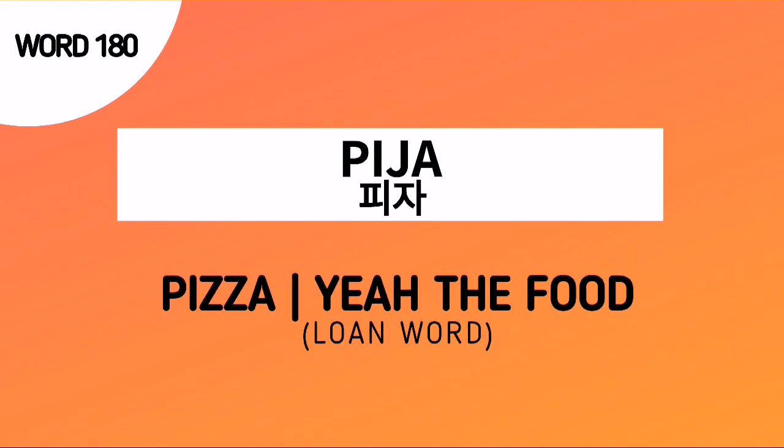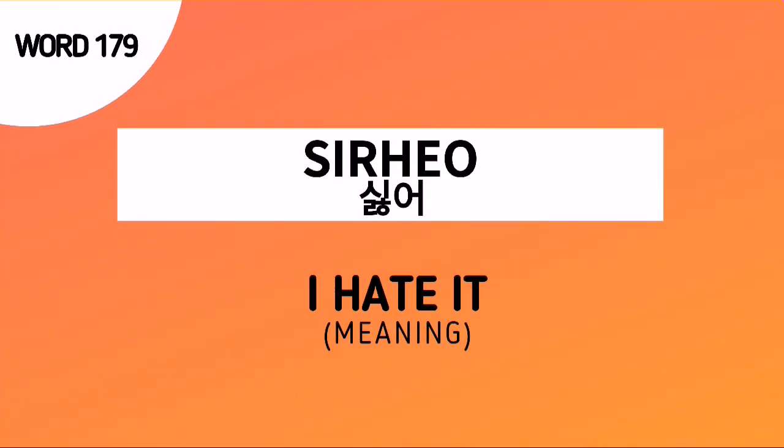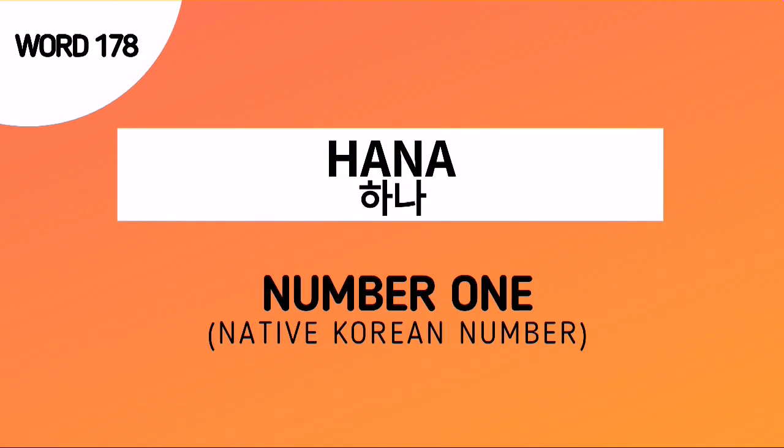The first word for our review is word number 180, which is pizza, which pertains to the food pizza. Word number 179 is shiro, and this is used to say, I hate it. Word number 178 is hana, and this is the number 1 of the native Korean numbers.